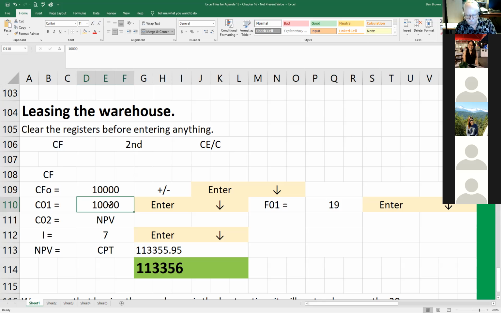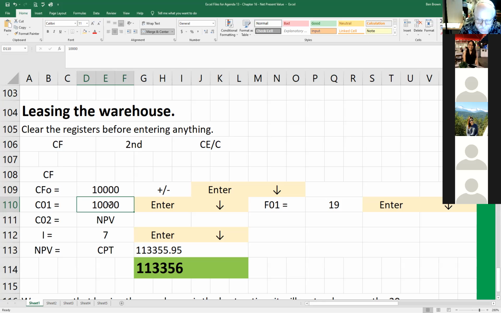Cash flow 1, 10,000 negative, enter down. 19, enter down. Then NPV, 7% or just 7, enter down and compute.